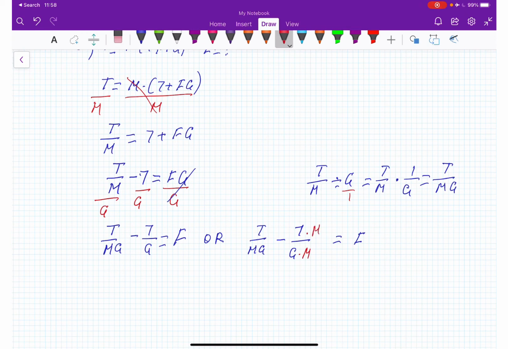And that's going to give me t minus 7m over mg, and that will be equal to f.